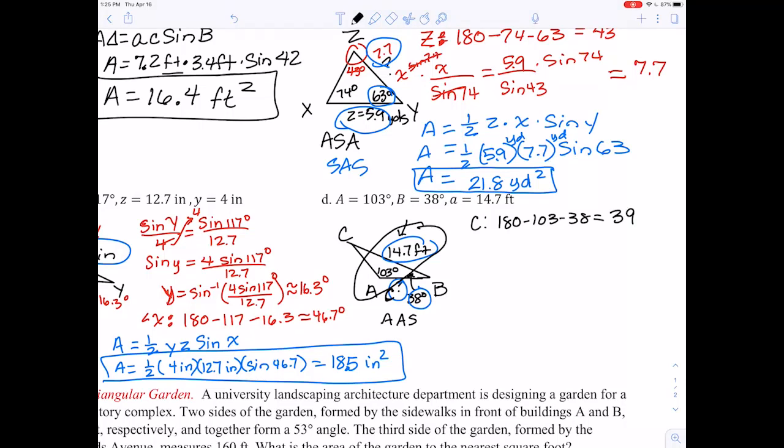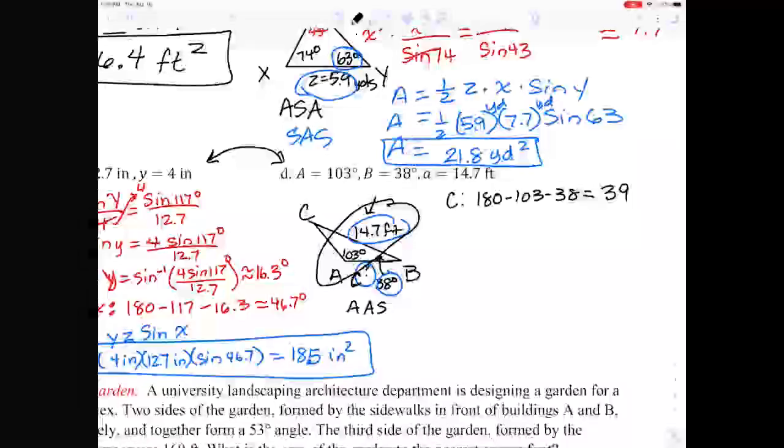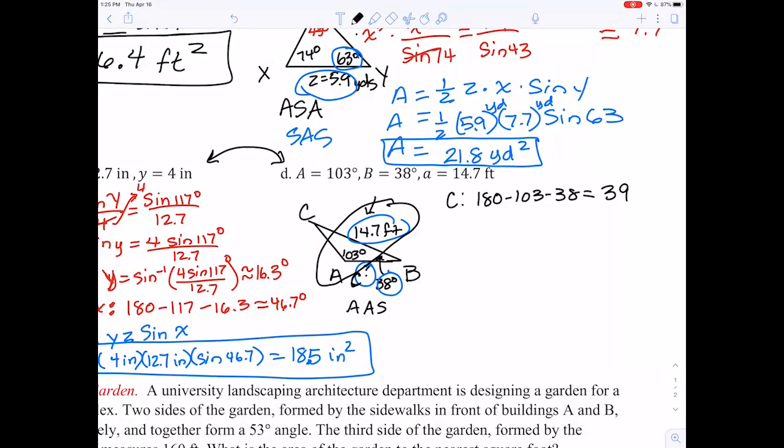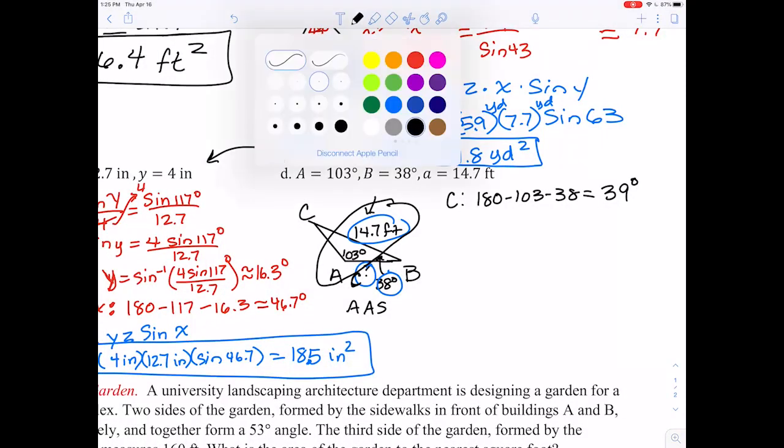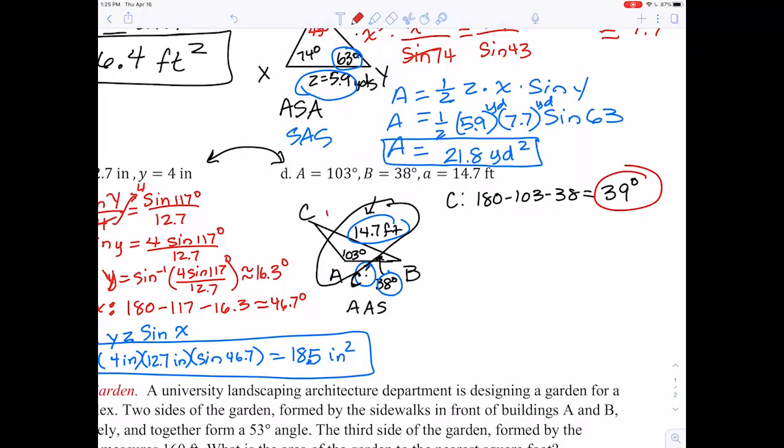I believe that my example D and example C are switched, so sorry about that. Hopefully you picked up on that pretty quickly. So that's 39 degrees, and that's my intermediate step.